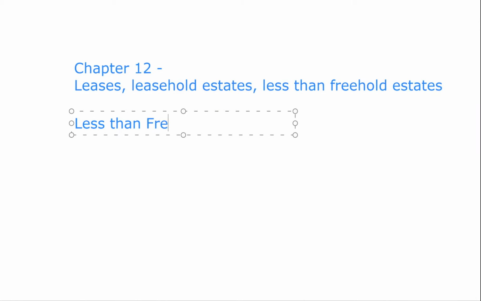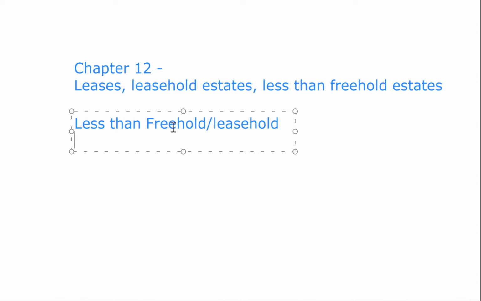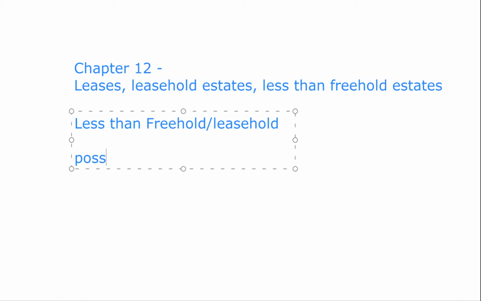In a freehold estate, we have the full bundle of rights, right? So you have the right to possess, use, transfer, exclude, and encumber. Now, in a less than freehold or leasehold interest, what you have is the right to possess and use the property, okay?